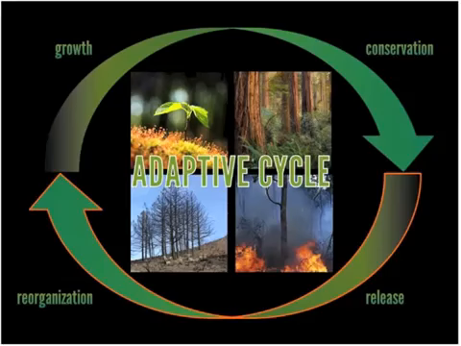And then the ecosystem will go through a reorganization phase. Some of the trees that are resistant to fire may resprout, but you'll also have a lot of seeds that are coming in from outside that landscape to recolonize the bare habitat.